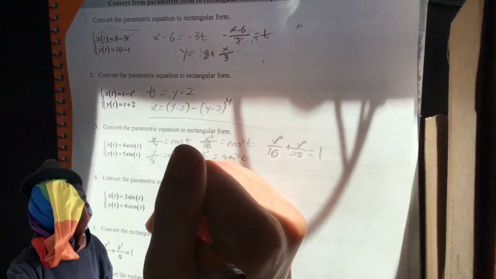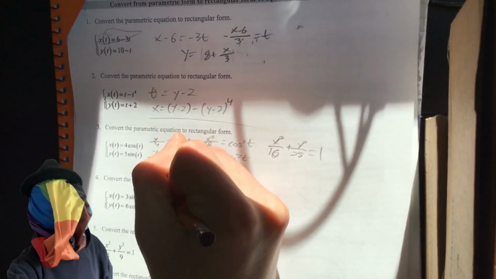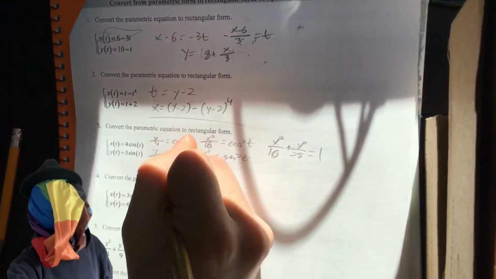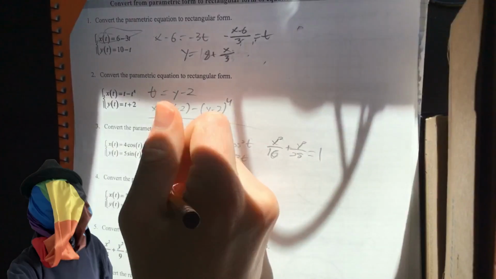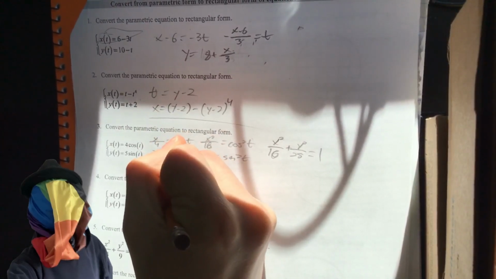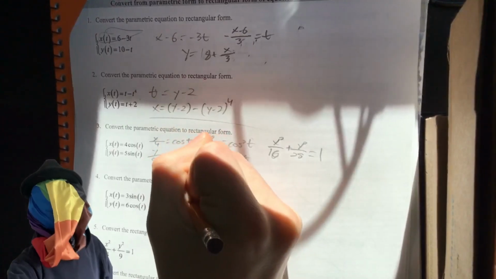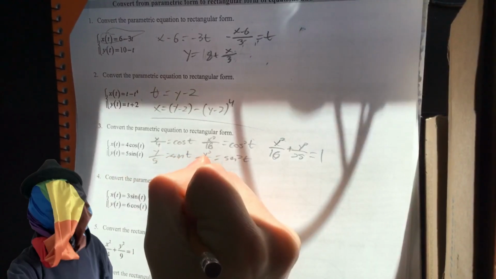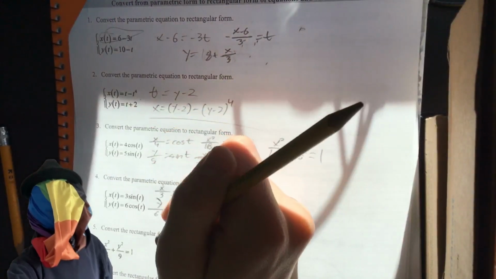Okay, same thing. So x over 3 equals t, y over 6 equals, that is not fine. Wait, what?